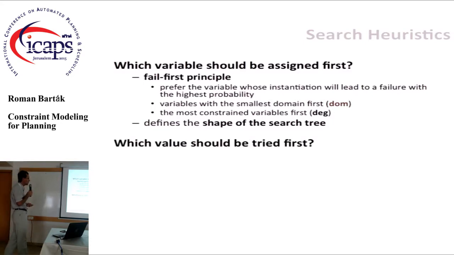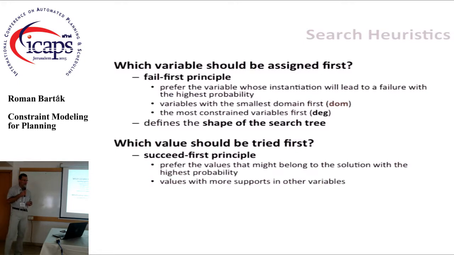About the order of values, of course, we should select the value which belongs to the solution, which is called a succeed first principle. Of course, it's hard to deduce which value is it, because if we know which value belongs to the solution, we don't need to do any search. We can find the value immediately. But there are some tricks, like values that are supported by other values in other variables are good candidates.